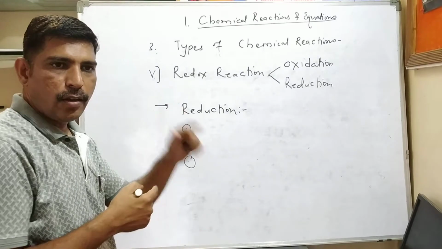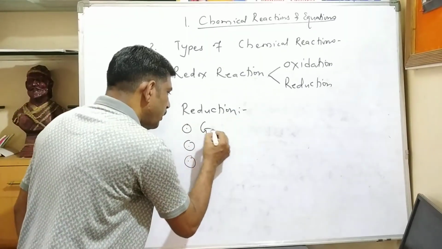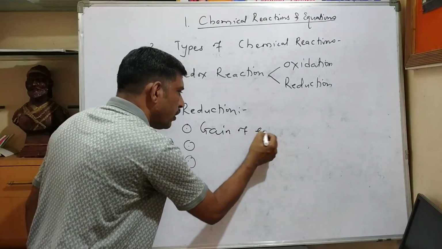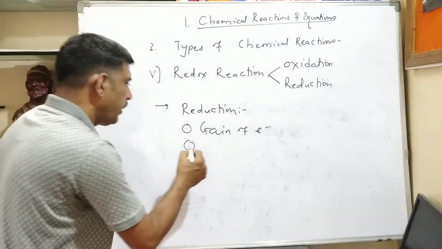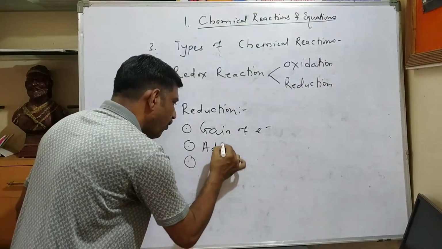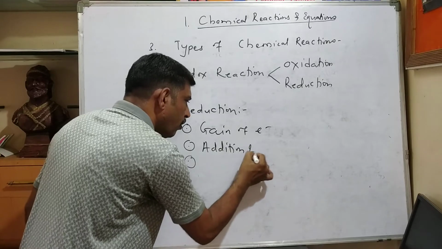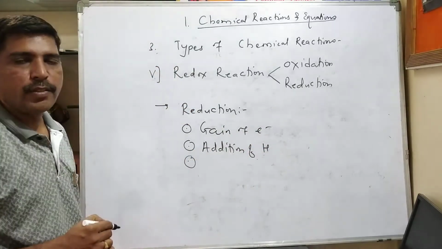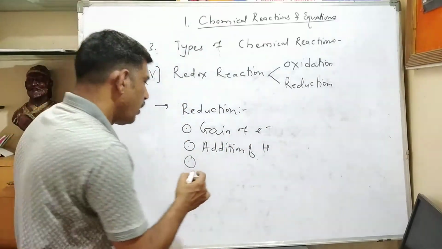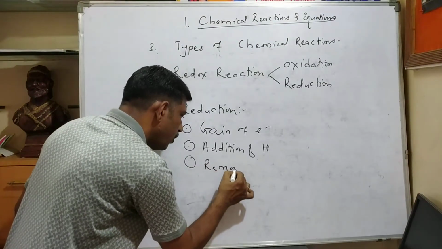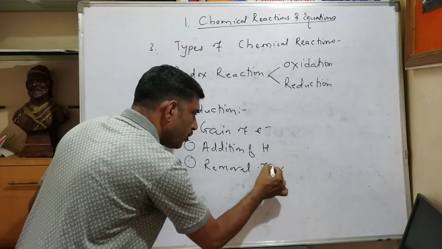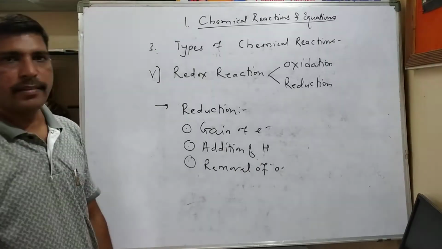In oxidation, loss of electron. Here, the process in which there is a gain of electron takes place. Okay. Then addition of hydrogen is called as reduction, or removal of oxygen is called as reduction reaction.